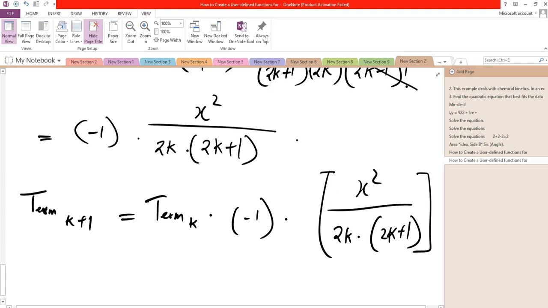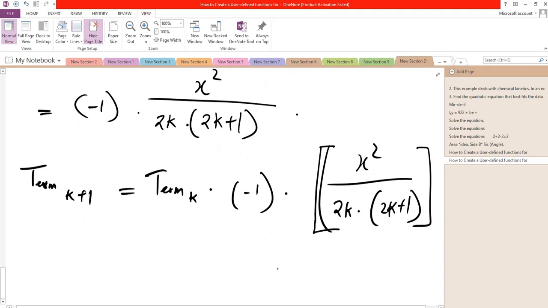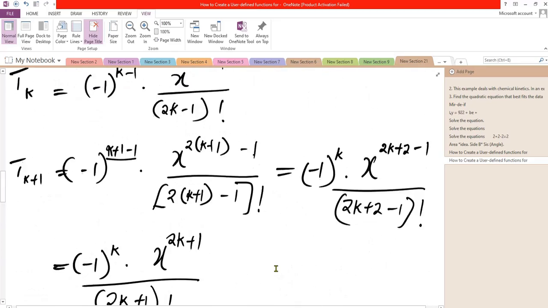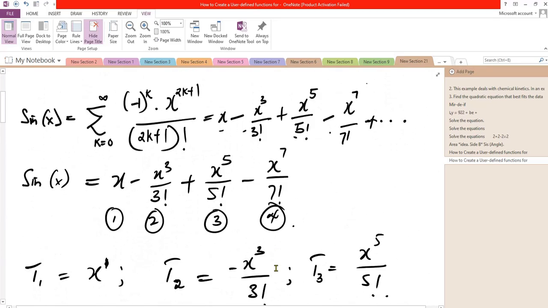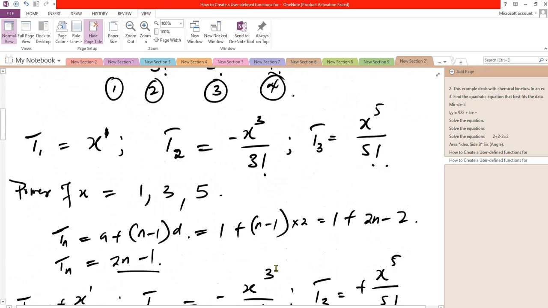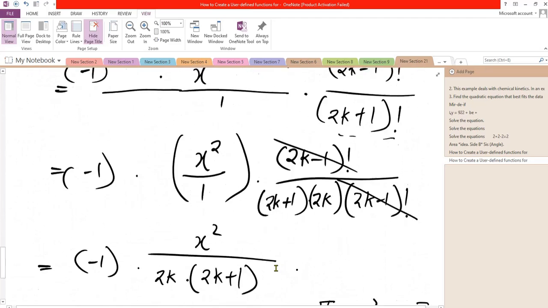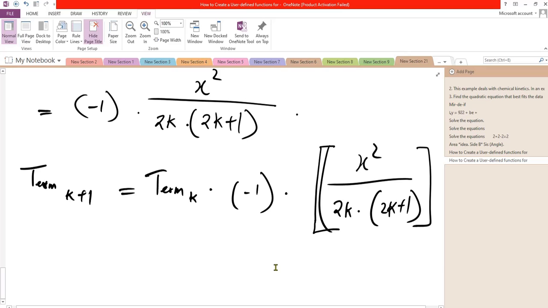So this is the general formula that we are going to use to code the series for sine of x, the Maclaurin series. So this derives the general formula we're going to be using.